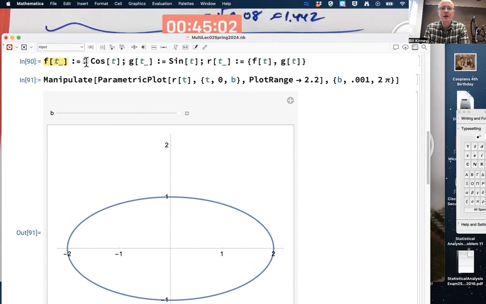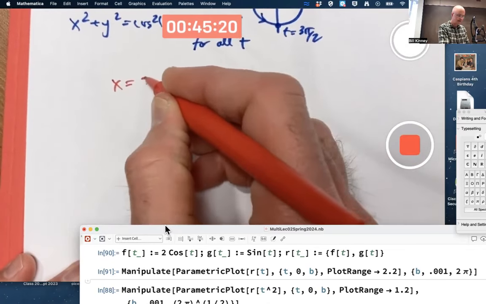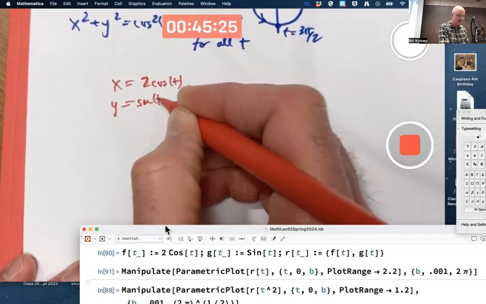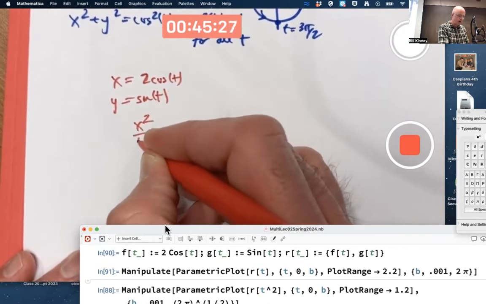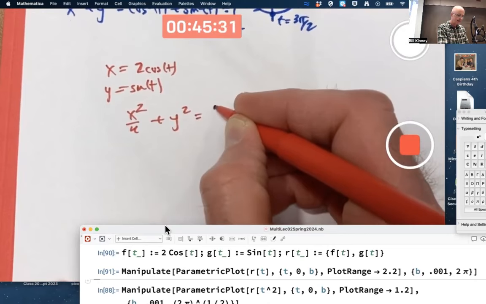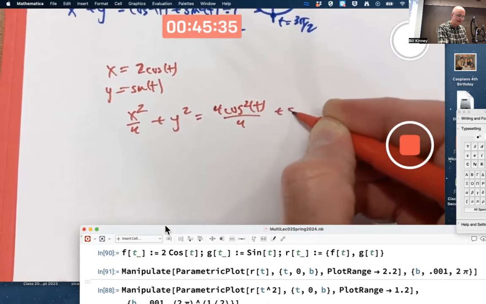And the fact that I have a 2 here means the amplitude, so to speak, in the x direction is 2, and the amplitude in the y direction is 1. The equation of this ellipse, by the way, if x is 2 cos t and y is sine t, x squared over 4 plus y squared, it's going to be 4 cos squared t over 4 plus sine squared t.